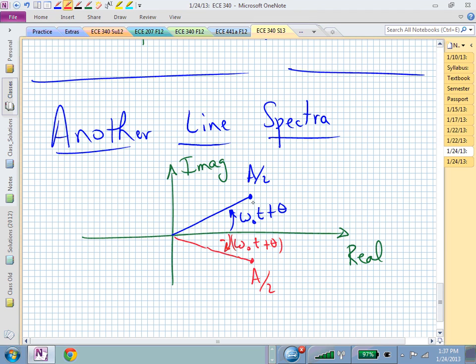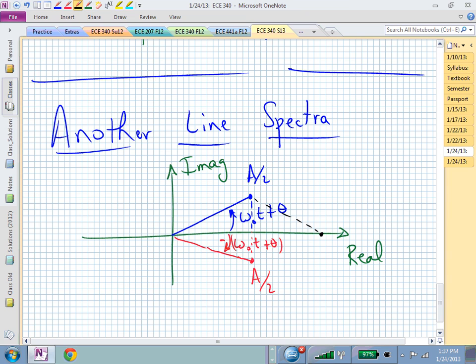So that if I now project this one and I project the other one down, now I'm going to really have this piece, this A cosine of this angle here.